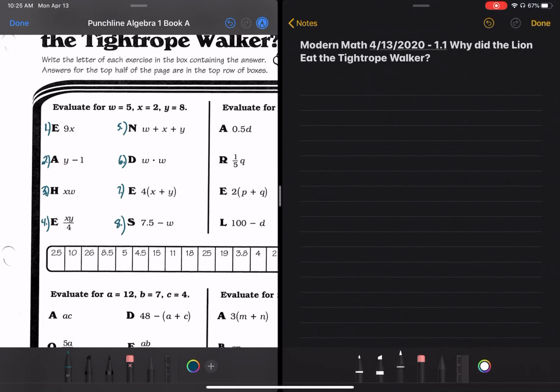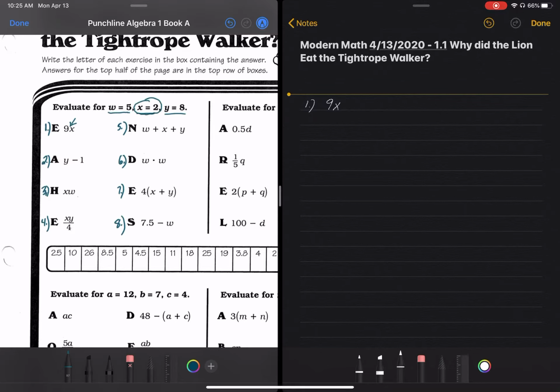I would write number 1, and I would write 9x. Up here at the top, you'll see it says evaluate for w equal to 5, x equal to 2, and y equal to 8. So notice that the 9 has an x by it, so I want to use the x.